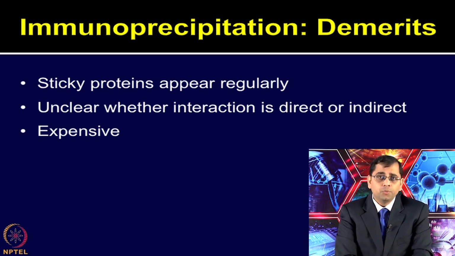It means few proteins that are specifically interacting with the target of interest will be isolated along with non-specific sticky proteins. It is unclear whether the interaction is direct or indirect, because the proteins which are directly interacting will bind along with those indirectly bound interacting proteins, which will also be eluted.